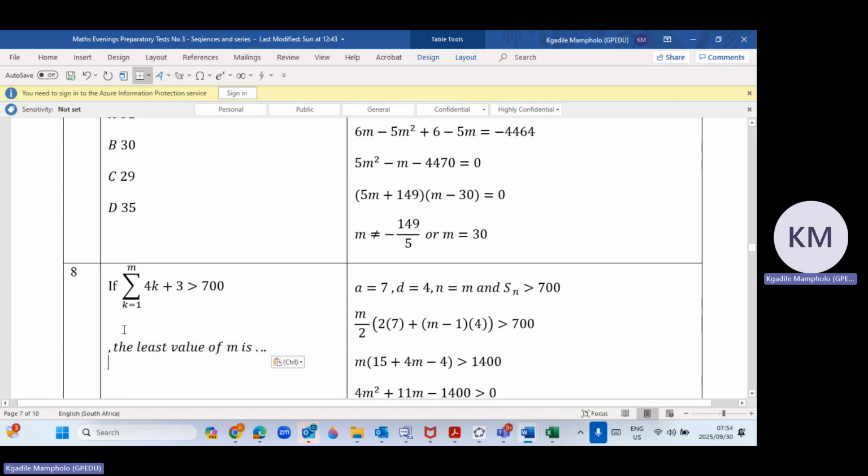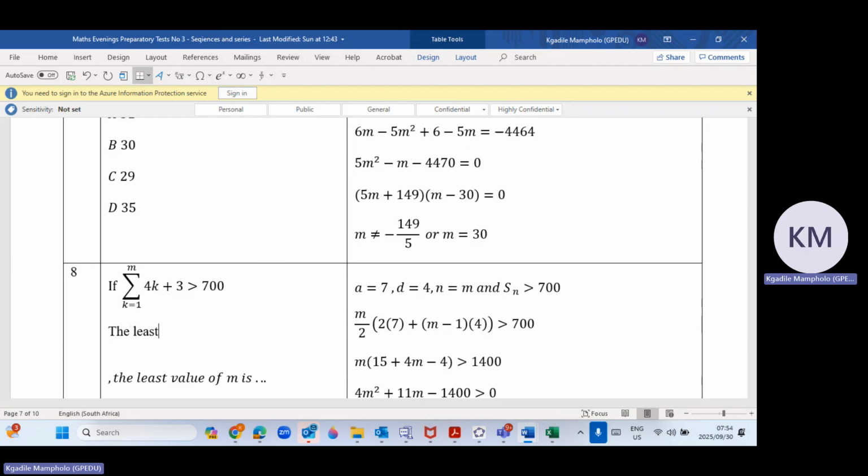So now the question is, let's write down the question. You say the least value of m is.